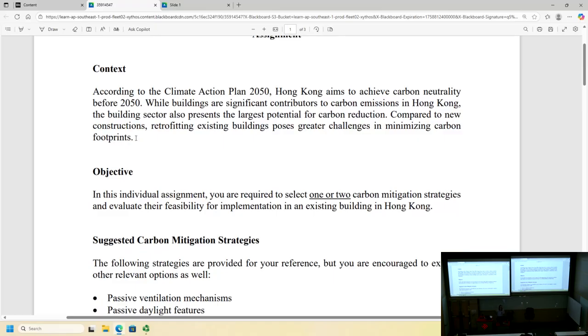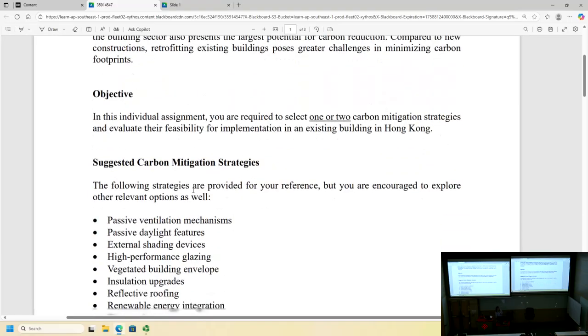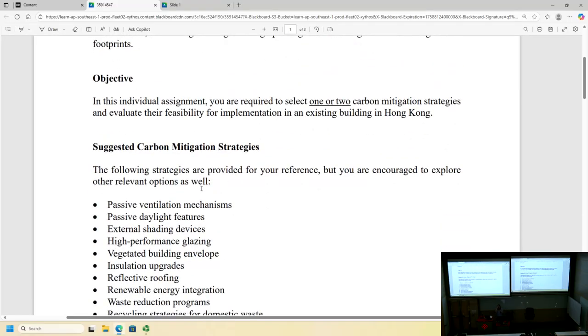So this assignment is not about new buildings. It's about reducing carbon emissions in existing buildings by some retrofit, some improvement work. In this individual assignment, you are required to select one or two carbon mitigation strategies and evaluate their feasibility for implementation in an existing building in Hong Kong.